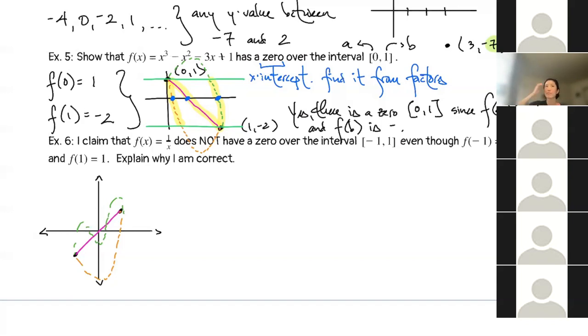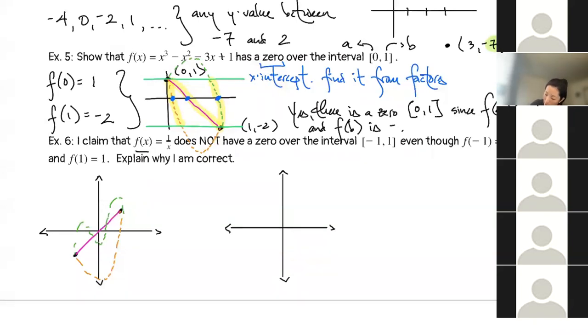Is the function undefined where the x-intercept would be? So Vincent, yes, the origin does count as a 0. Even if you go through the middle, that does count as a 0. But one of the nuances of this theorem says that I don't know what the function is, but it has to be continuous.